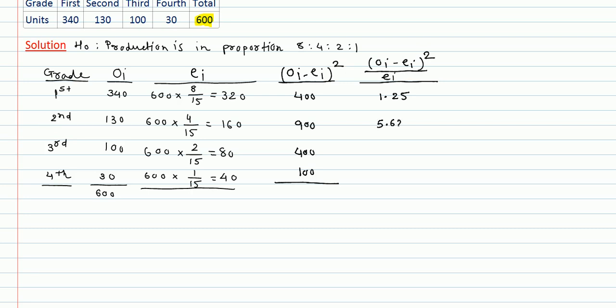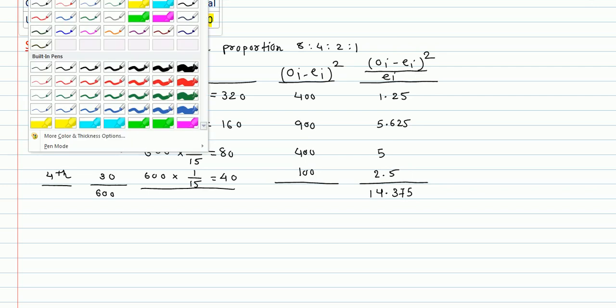Then 400 upon 80, we will get 5. And 100 upon 40, we will get 2.5. And the total of this column is 14.375. Okay.